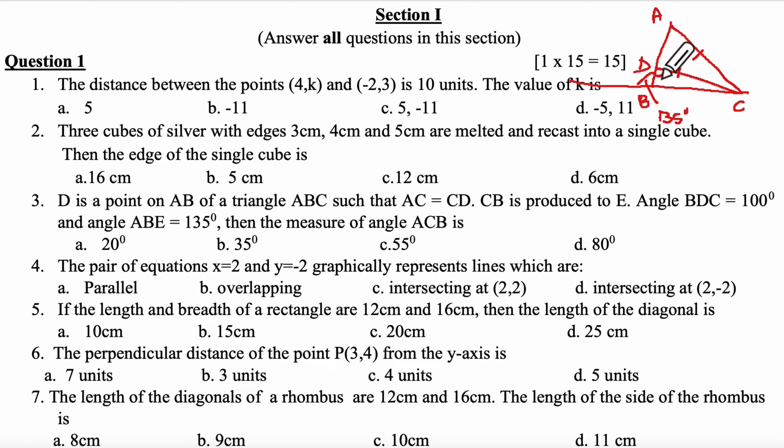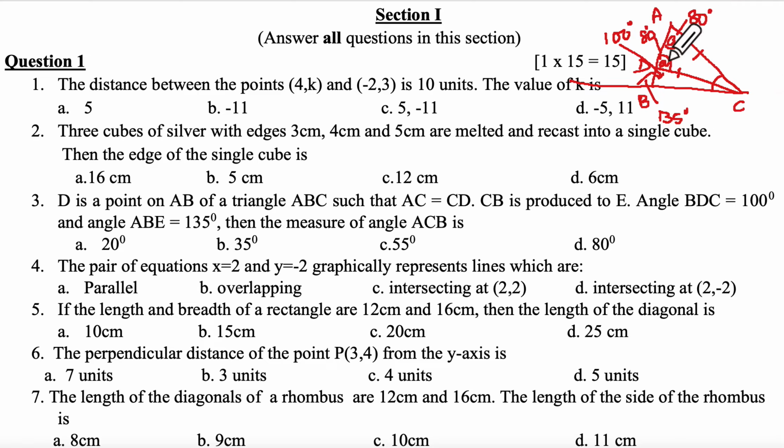This one is 100. So we have to find this full thing. If this is A, then this one will be A, correct? This is 100, so this becomes 80, correct? So A becomes 80. Understood?